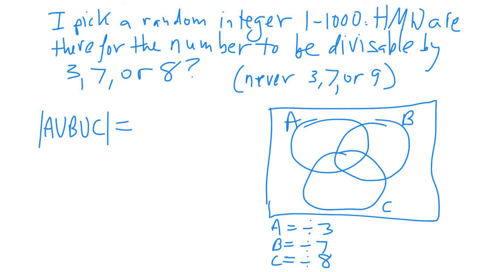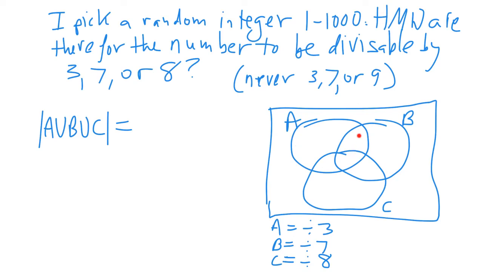In this problem here, we're going to use also the property of inclusion and exclusion. I pick a random integer from 1 to 1,000. How many ways are there for the number to be divisible by 3, 7, or 8? So it could be divisible by 3, it could be divisible by 7, it could be divisible by both 3 and 7, could be divisible by 3 and 8, or all 3 of them.